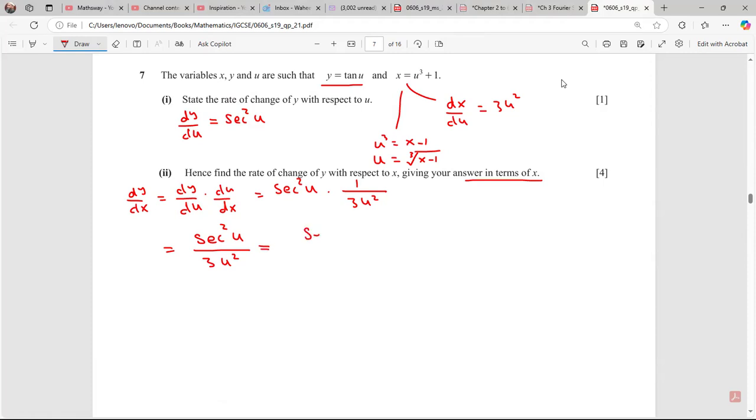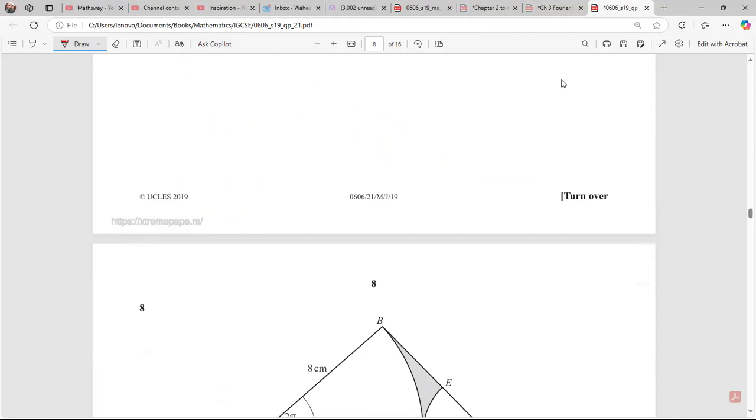So it's going to be secant square of the cubic root of x minus 1, divided by 3 times the square of this term. So it is x minus 1 with a power of 2 by 3. So this will give you the square of the cubic root. Okay. So this is the solution of question number 7.